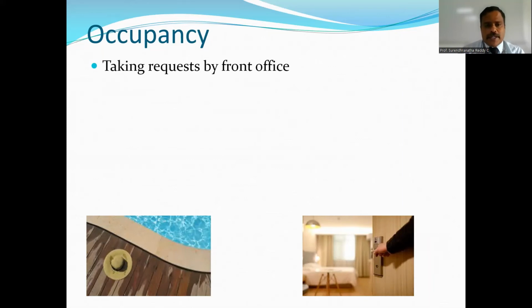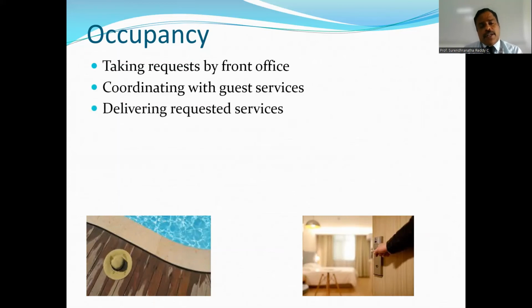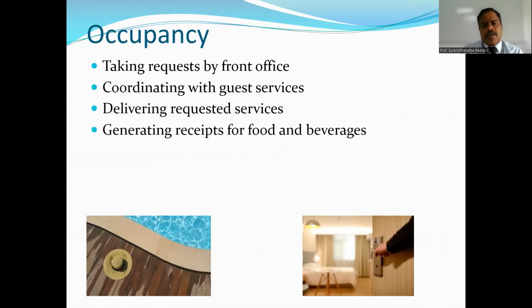The front office will coordinate with guest services to deliver the required services, such as providing food, hot water, a swimming pool, and personal care like spa and wellness services, if the customer has requested them. Then, once the days the customer has reserved are done, you generate the receipts for all the services provided in food, beverages, and other services.